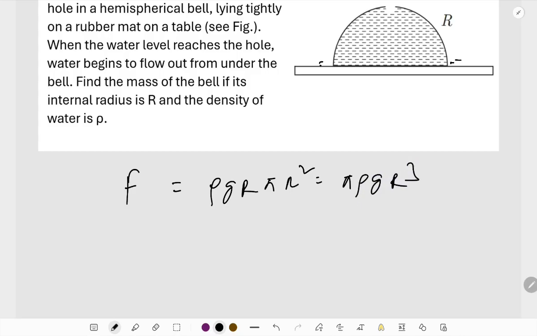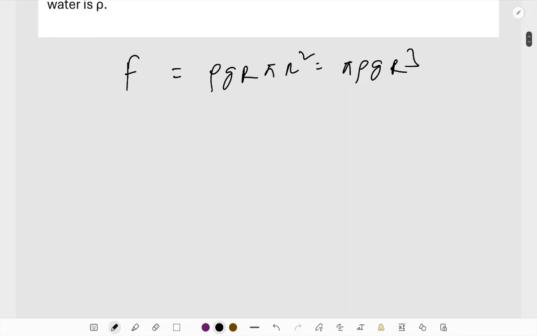And we know that the volume of the hemisphere is half of 4 by 3 pi r cubed, that is 2 by 3 pi r cubed. Therefore, the force of gravity on the water is simply 2 by 3 pi r cubed rho multiplied by g.